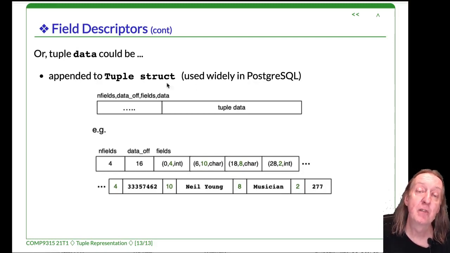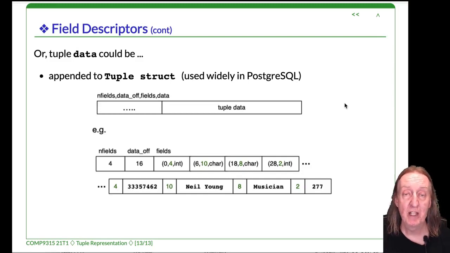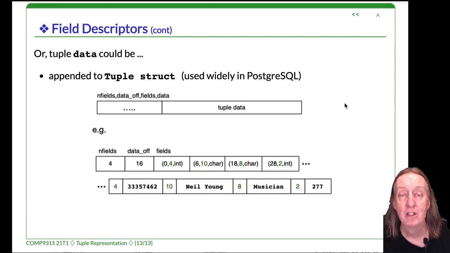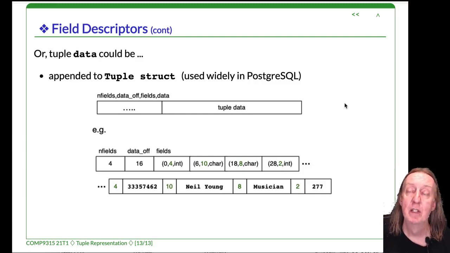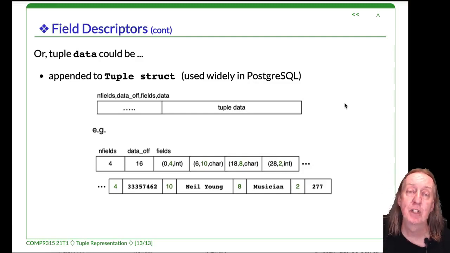So we've got this, if you like, self-contained object that the upper levels of the DBMS can manipulate. So how you do it, there's a number of different possibilities depending on whether it's a fixed size record or whether it's variable size. Okay, so that's enough discussion of tuple internals in general.